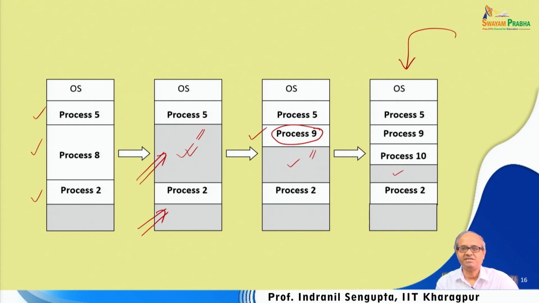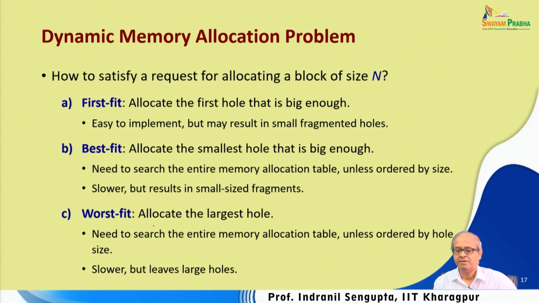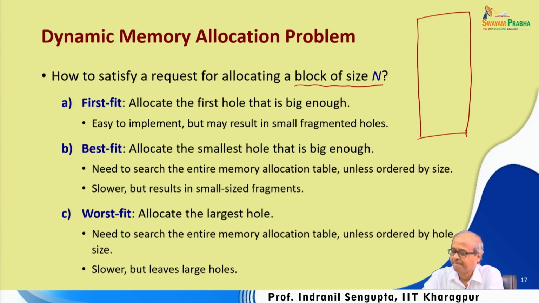There can be multiple strategies you can follow. Let us see. Suppose a new process has come and it is requesting a block of size n, n is the size of the process. Let us say at any given time, I am drawing a picture of memory, there may be holes of various sizes.